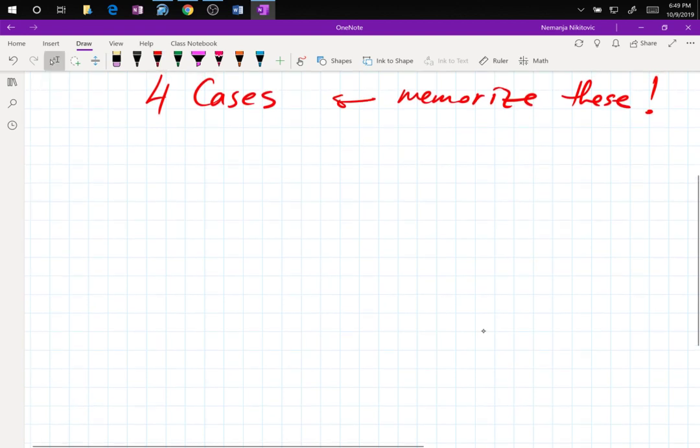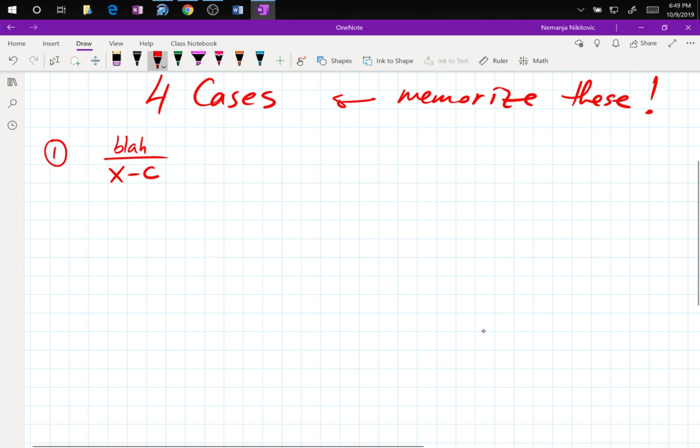So the first case is if you have a linear term in the denominator. So I'm going to just say blah divided by x minus c. I put blah because you have something up there, and I don't care what it is. We worry about the denominator.